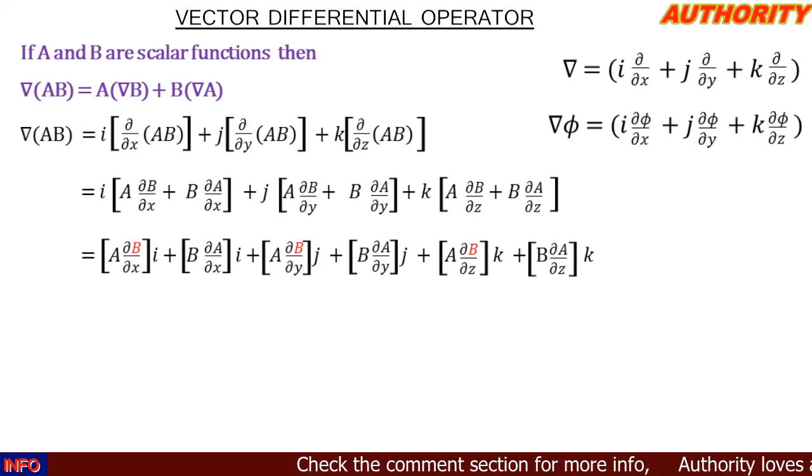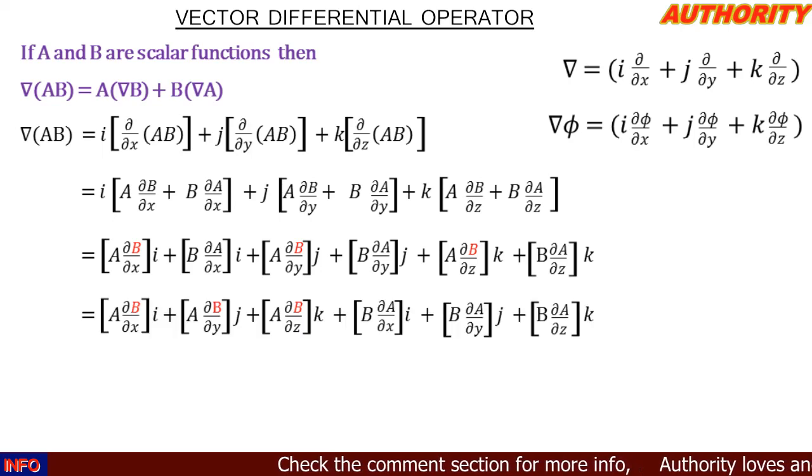Doing so, look at what we are going to have. We're going to have A partial derivative of B with respect to x, i component, plus A multiplied by partial derivative of B with respect to y on j component, plus A partial derivative of B with respect to z on k component.